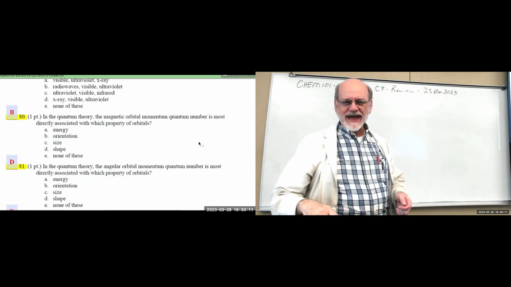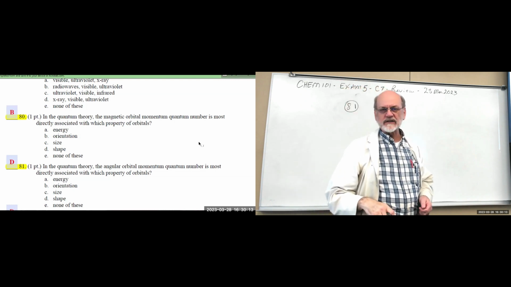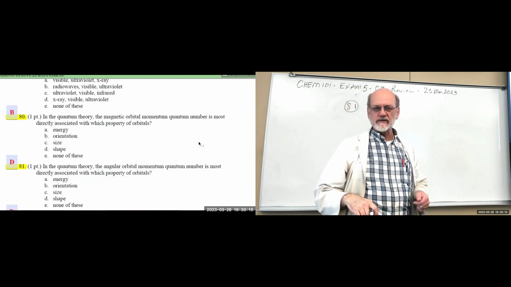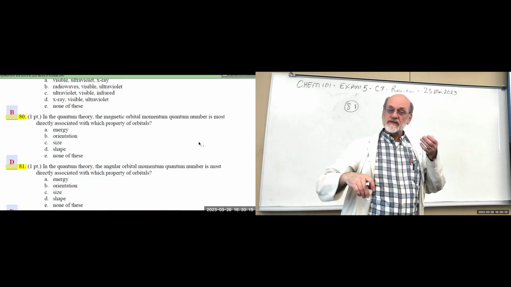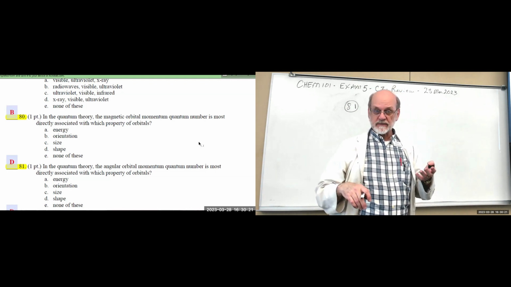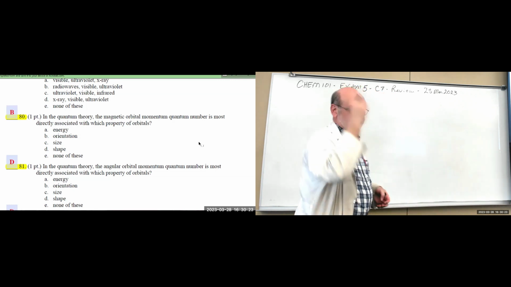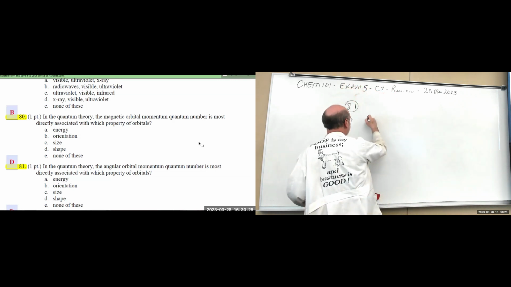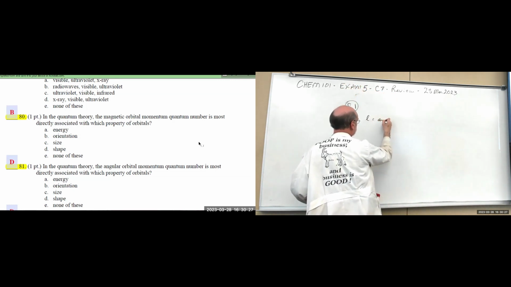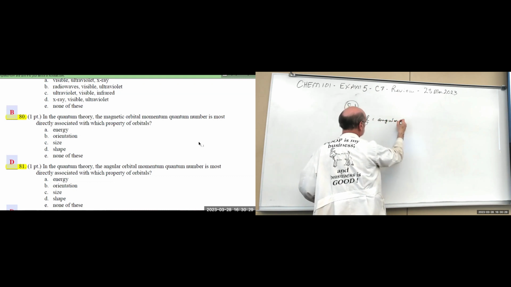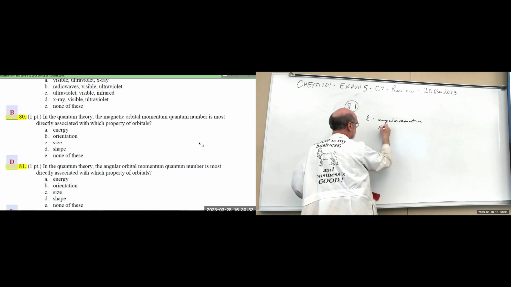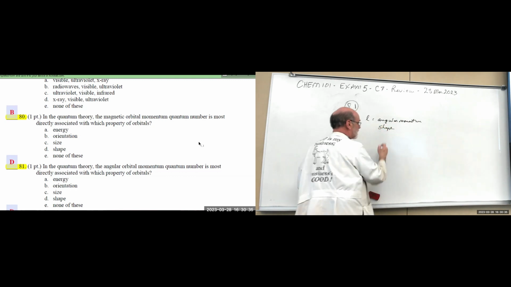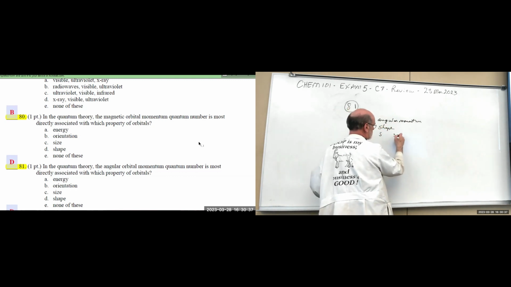In the quantum theory, the angular orbital momentum quantum number is most directly associated with which property? That's the one above. This is associated with shape. The angular momentum, L, is angular momentum. And that's shape. Right? So the S is spherical.